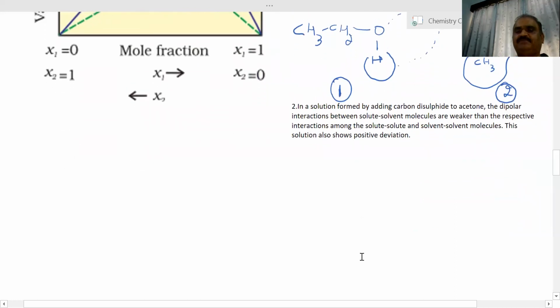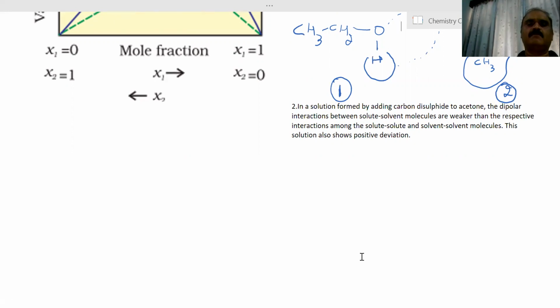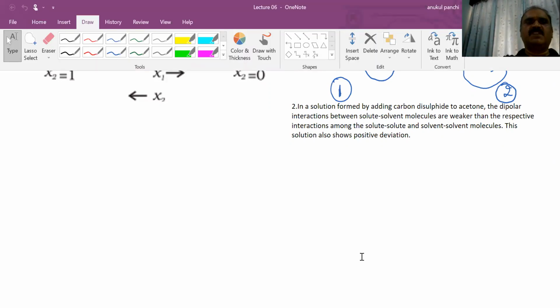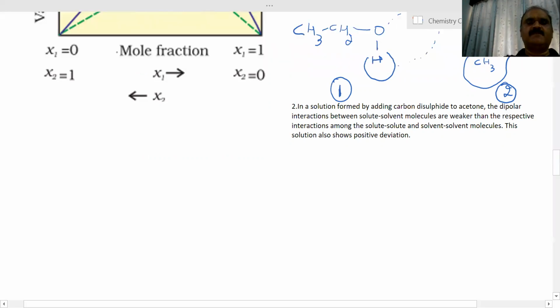Carbon disulfide is CS2. CS2 means that a C atom is held with two sulfur atoms. Two sulfur atoms are held with one C. This is the CS2 molecule.